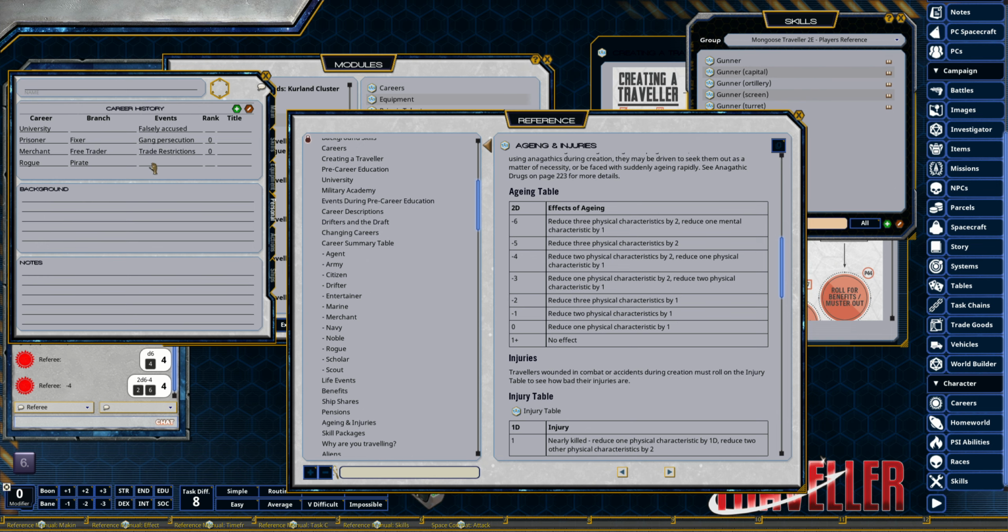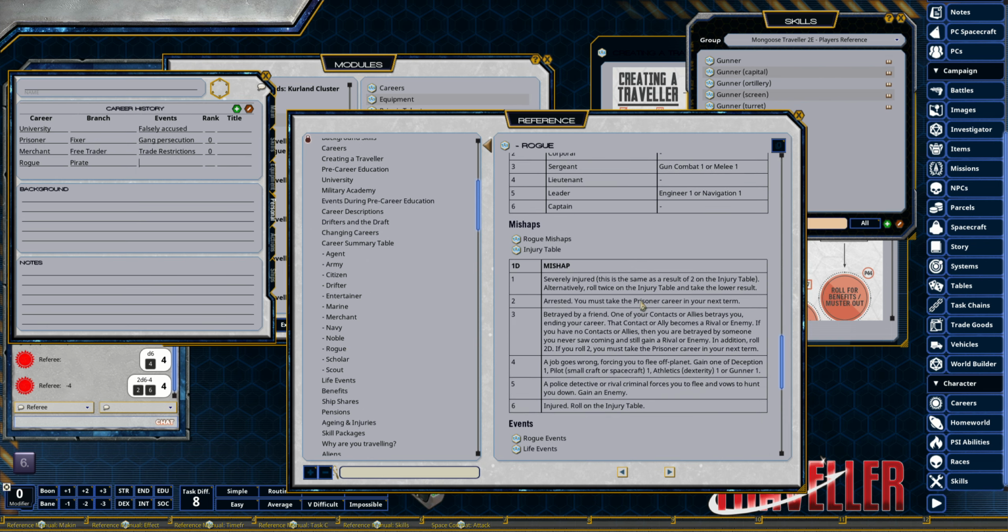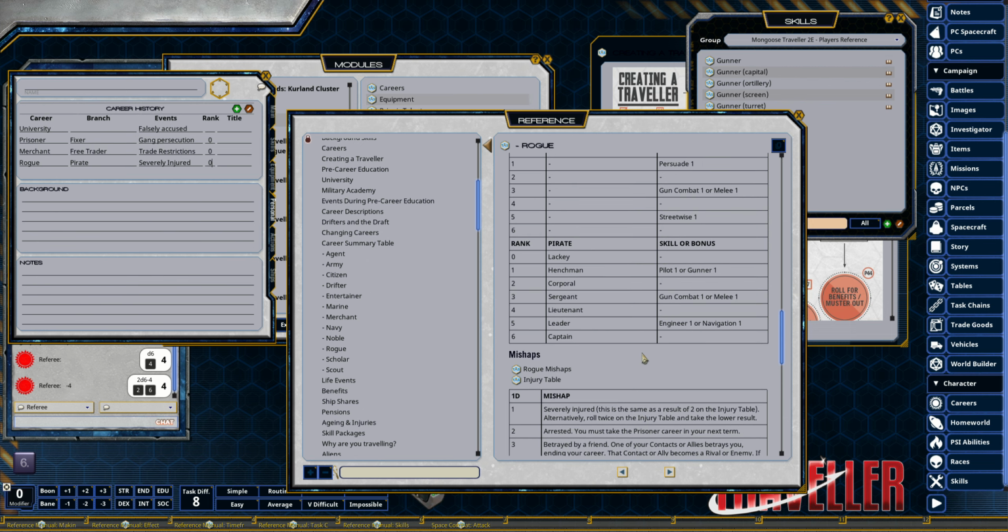I'm really surprised. Oh, shoot. What did I get for the... Oh, severely injured, yeah. That's right. And I was a rank 0 pirate. Which is just a title of lackey.